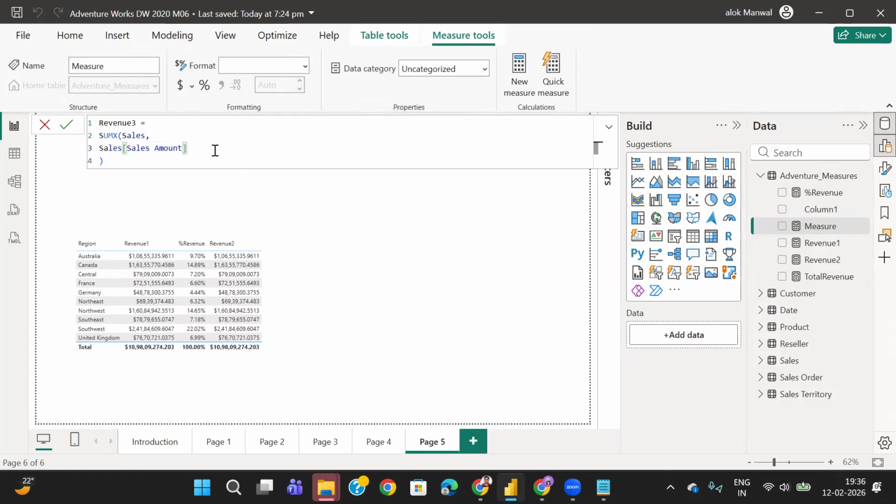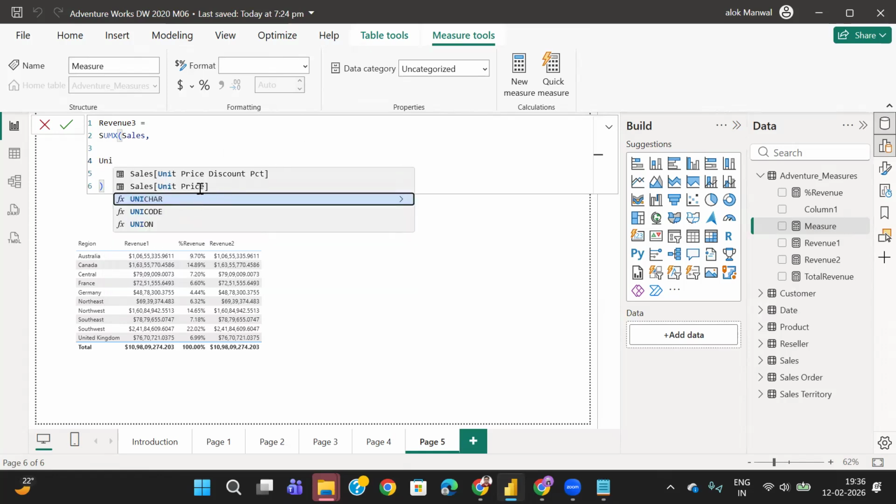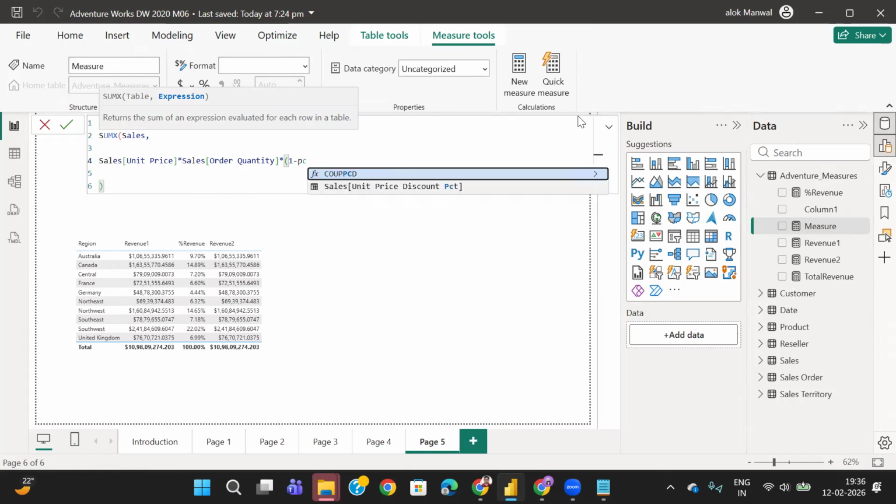Everything will be the same. We need not change any other thing, but we have to change this one. So unit price into order quantity, into 1 minus the percentage, PCT, this one.